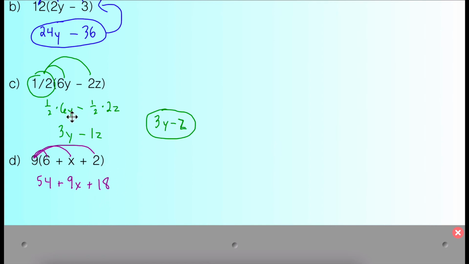But look, by distributing here and getting rid of the parentheses and rewriting the expression, we could actually do something even further to simplify this particular expression. Let's look. If we used the commutative property, which says in an addition problem, you can rewrite the numbers in any order you want. So instead of 54 plus 9x plus 18, I could rewrite this as 54 plus 18 plus 9x.